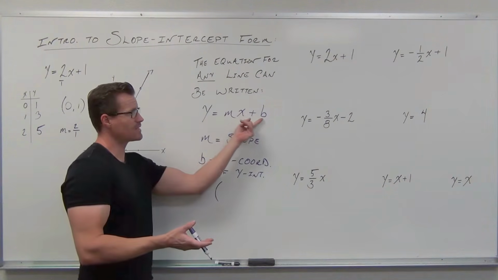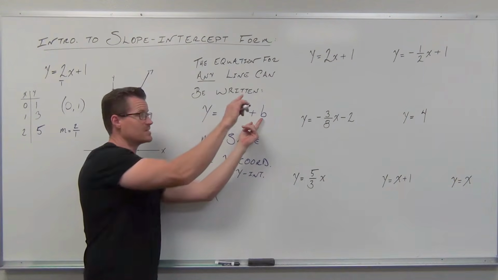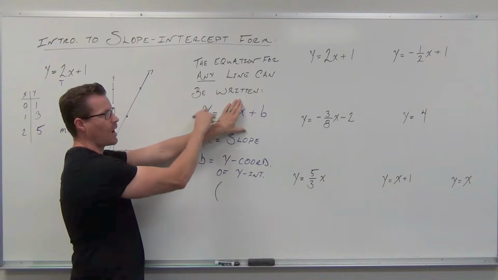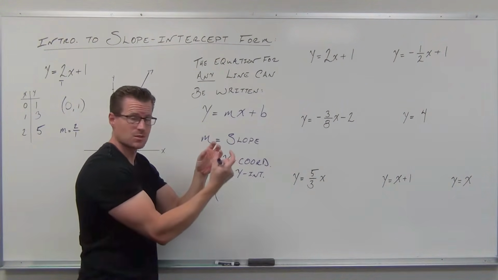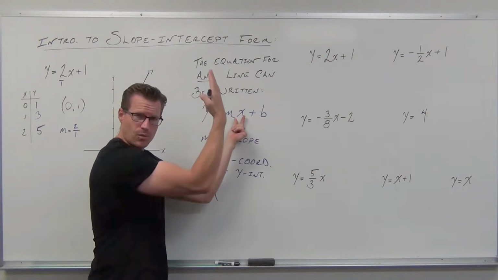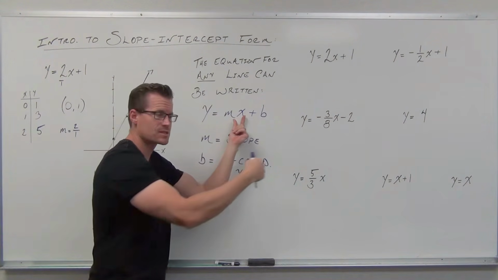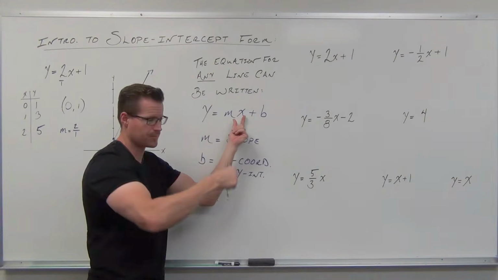The only reason that this represents the y-coordinate of the y-intercept is because when you plug in 0 here, you get y equals that number. Check that out. Follow the logic here. If I plug in 0 for x, this whole thing's gone. If I plug in 0 for x, I'm on the y-axis. I have to be. Every single point that has x as 0 is on the y-axis.